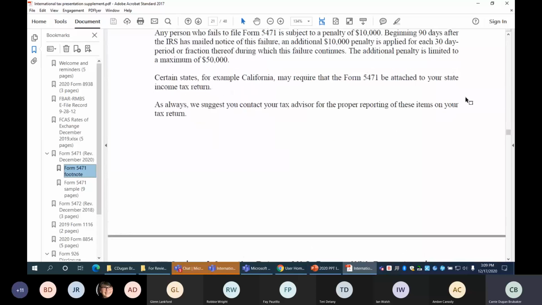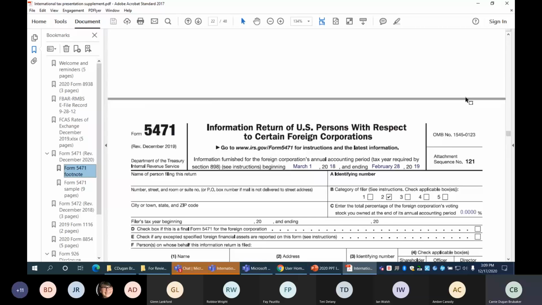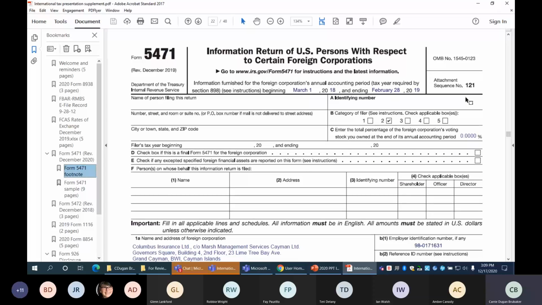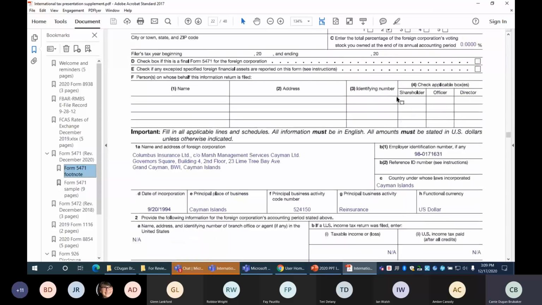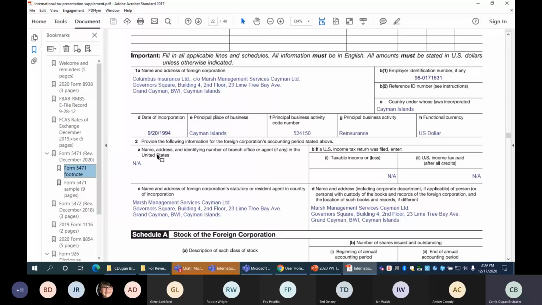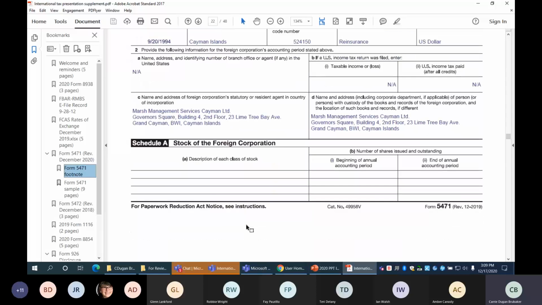They also provided us with the form filled out to know that this is a Category 2 filer, and provided the types of information that need to be disclosed on behalf of this client.